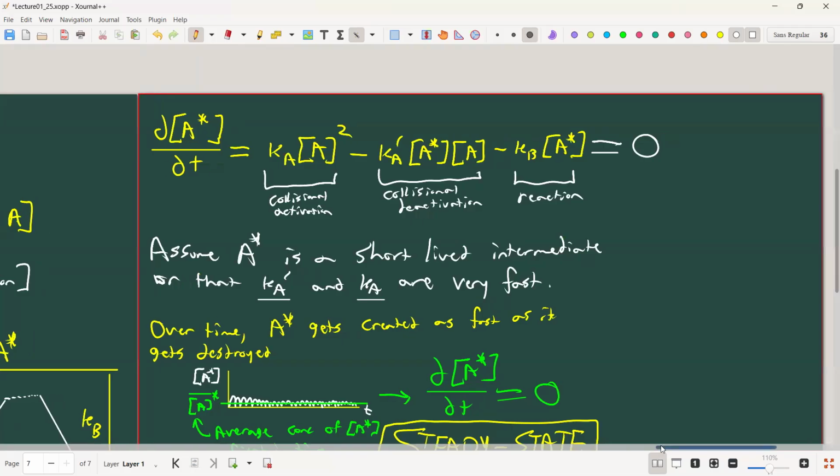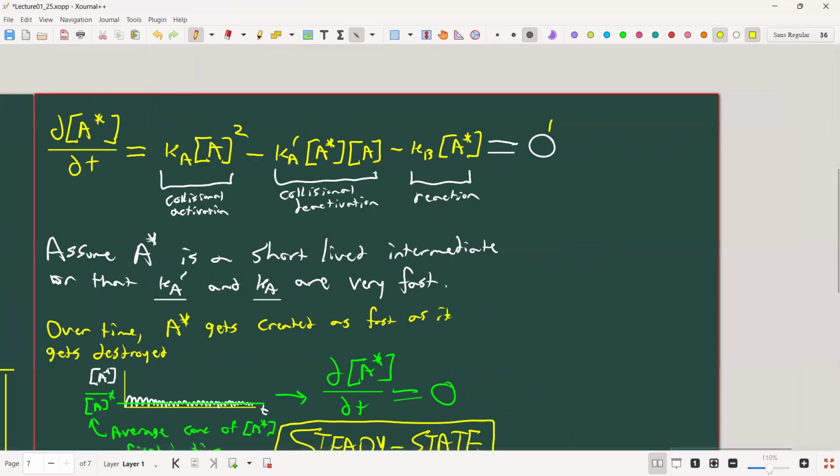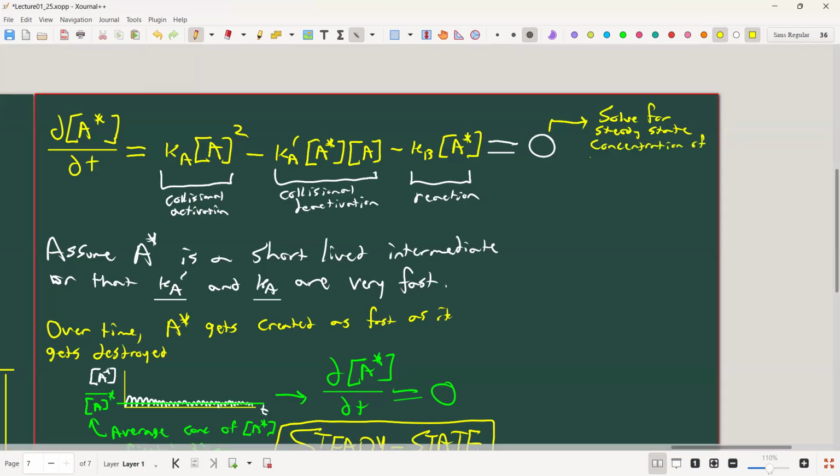So what I'm going to do is solve for the steady state concentration of an intermediate. I'm not going to do that algebra, it's just a little bit of simple algebra, just to save some time.